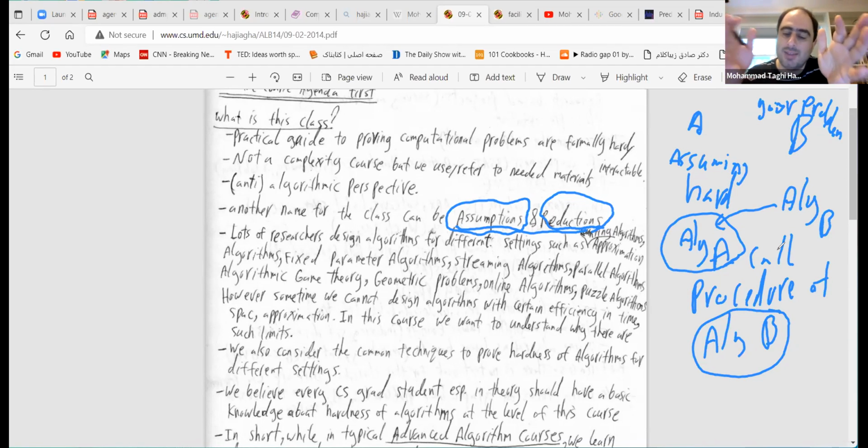So there are some context-related restrictions for these procedures that we will discuss in each chapter or each part of this class.